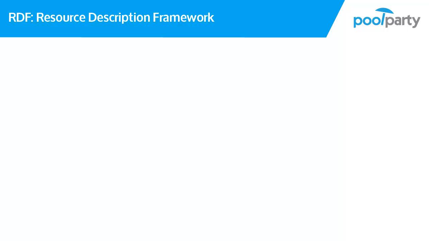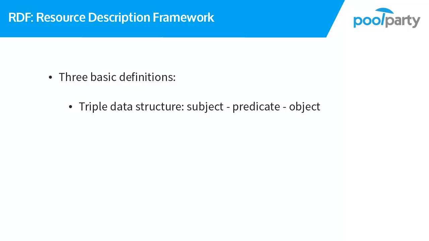To summarize, the RDF data model is based on three important definitions. First, the definition of the triple data structure: subject, predicate, object. Second, the requirement of a uniform resource identifier for each RDF resource.